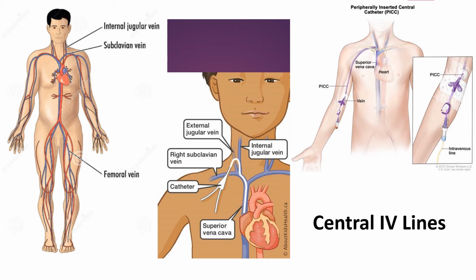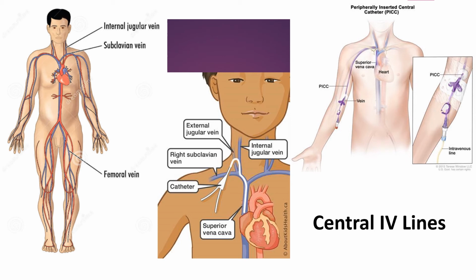One of the longer term lines is called a peripherally inserted central catheter. This is inserted almost like a midline. However, unlike a midline, you will have that line terminate in the superior vena cava right atrial junction. You also have another line called a femoral line.